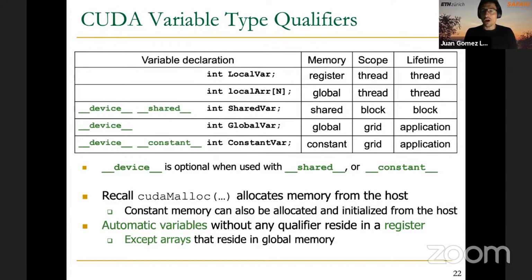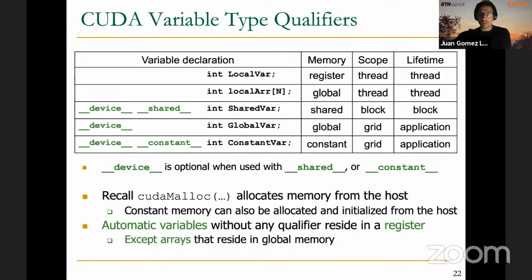If you have 1 million elements per thread, for sure you cannot fit that in some on-chip memory space. So by default, the compiler places these local arrays into the global memory, the device memory. Why is that?